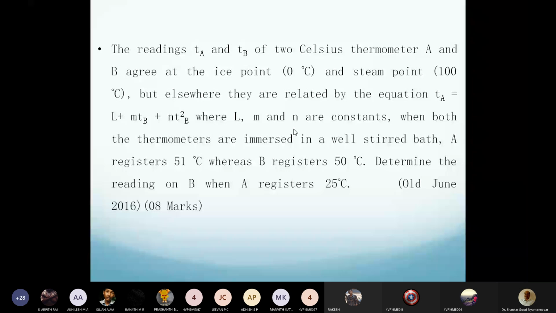When you subtract equation 3 from 2, what are you getting? n is equal to minus 4 into 10 to the power minus 4. Yeah, that's fine. Instead of that, I will tell you a simple way. From equation 2, you are subtracting equation 3, right? So when you do that, left side will be 1 minus 51 by 50, correct?